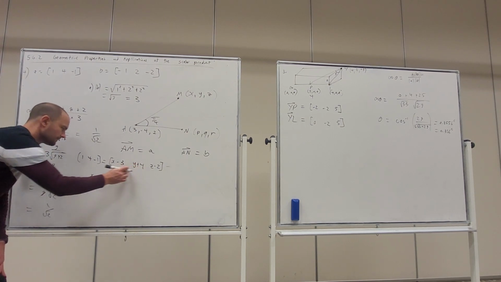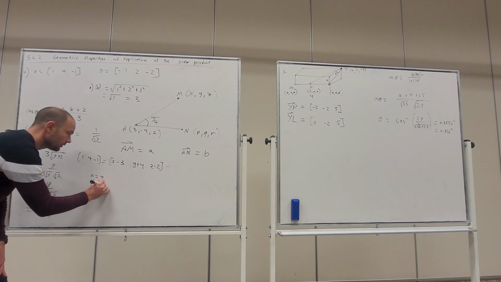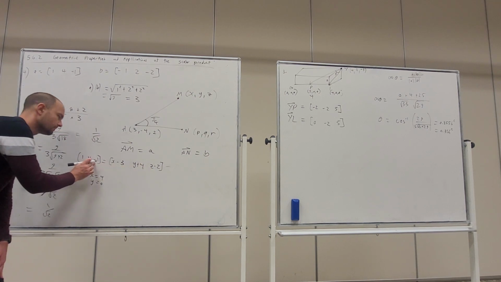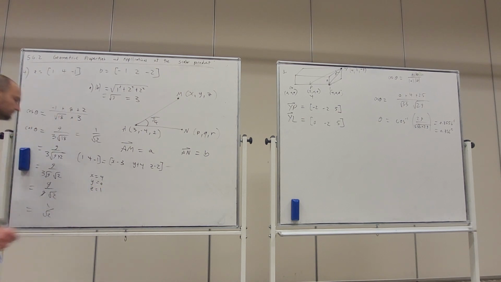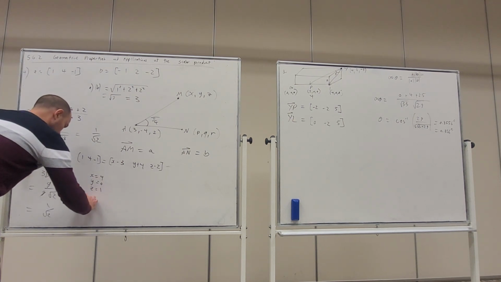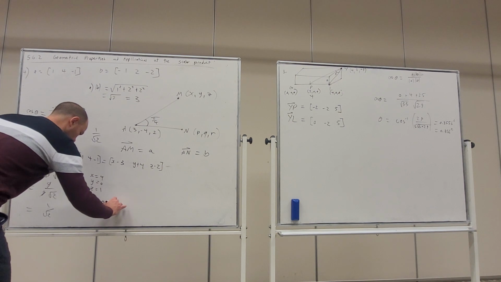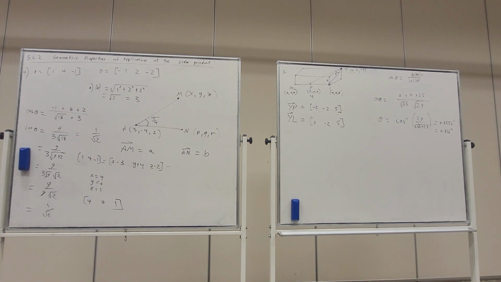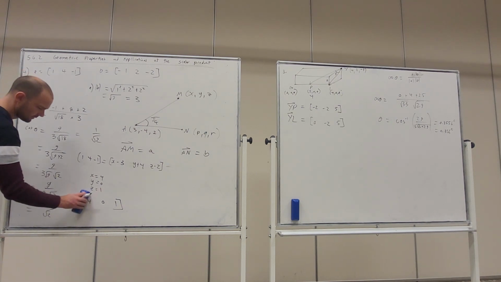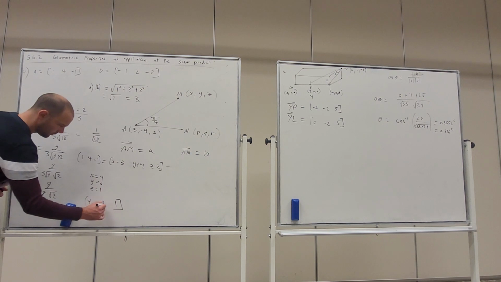We've got Y plus 4 equals 4, so Y is 0. Z take 2 equals minus 1, so we've got Z equals 1. So our vector then is 4, 0, 1. Sorry, that's not our vector, that's our coordinates. Coordinates of M, 4, 0, 1.